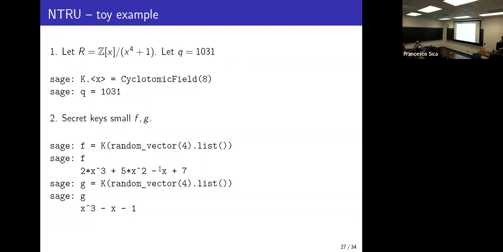I'm going to give a numerical example, just to show how it works, and it's based on SageMath. If I take the ring R equals Z[x] mod x^4 plus 1, I'm going to take q to be 1,000. Actually, this q is quite close to what we use in practice, because in the NTRU-based scheme, or in general in lattice-based encryption schemes, the underlying field usually has very small size.